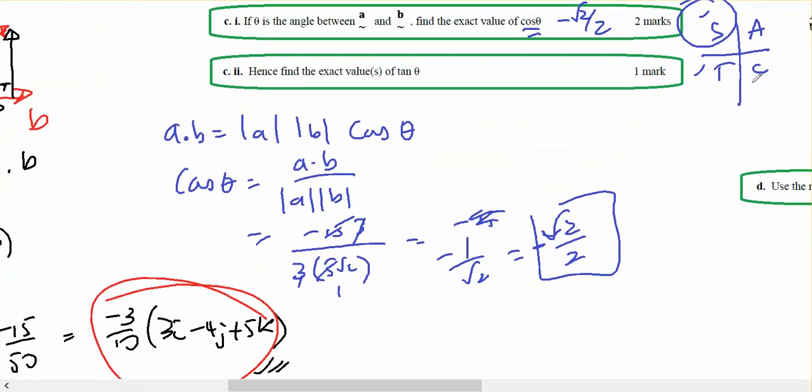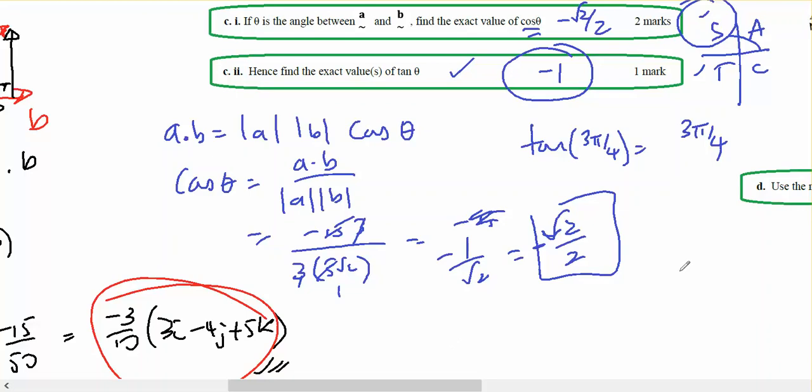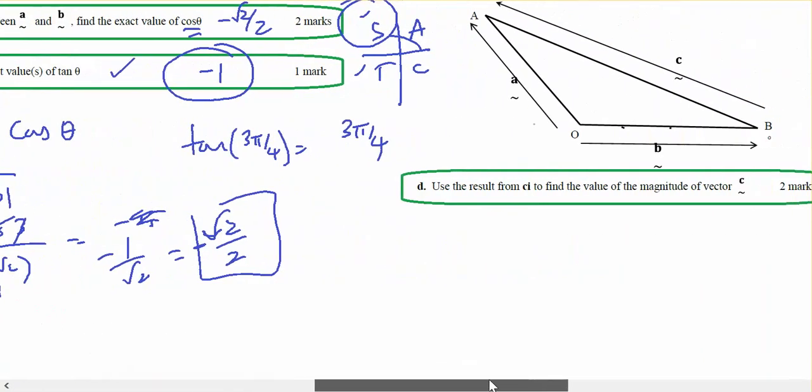And that answer is actually going to be 3 pi on 4, since root 2 on 2 is my pi on 4 answer. Hence, find the exact value of tan. Well, in that quadrant, tan is going to be positive. No, it's going to be negative. So the tan of 3 pi on 4 is going to equal negative 1. That's the answer to C part 1 and C part 2.